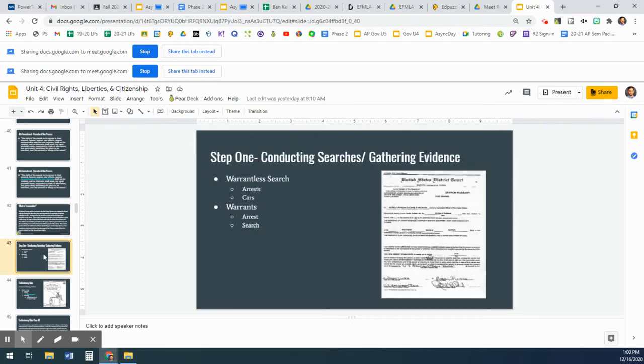All right. So when conducting searches, there are different levels of warrantless searches. Cops don't always need a warrant, as you probably know, to make an arrest or to search. Your home is considered a higher bar; typically they need warrants to search a home. However, cars are more easily searched, and they don't necessarily need a warrant.